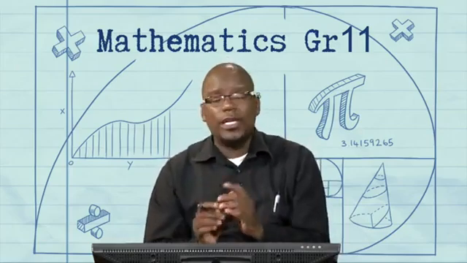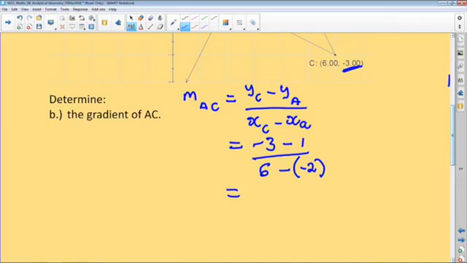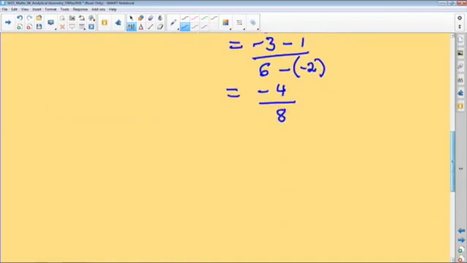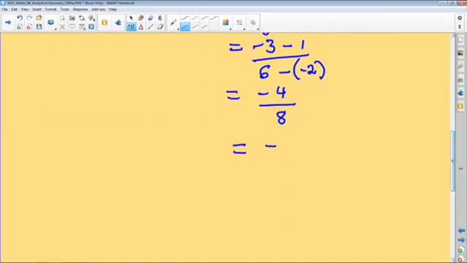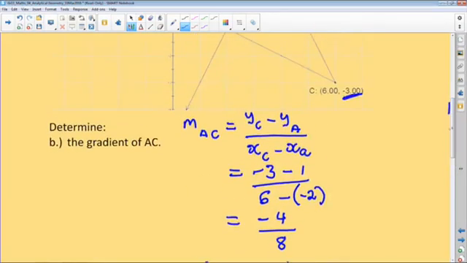It's minus 2, and it's going to be changing the sign there. So you've got minus 3 minus 1, which is minus 4, divided by 6 minus minus 2, that's 8, which is negative half. So the gradient of AC is negative half. So we've answered that question.